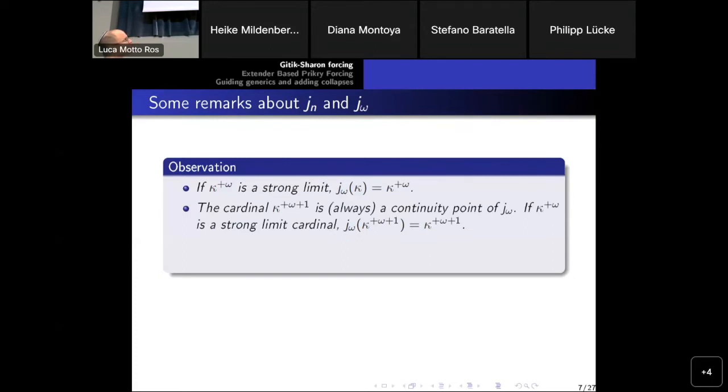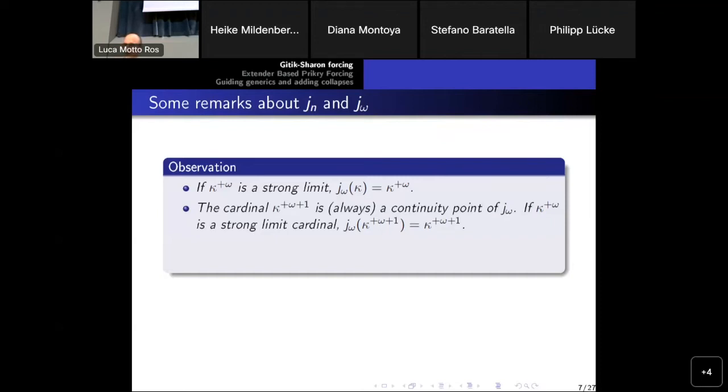This is worth noticing because it means that if you are doing the Dietrich-Sharon forcing over a model of GCH, for example, then you should be able to pull back and forth objects from kappa plus omega plus 1 in V to the successor of J omega of kappa in M omega of T, and back.